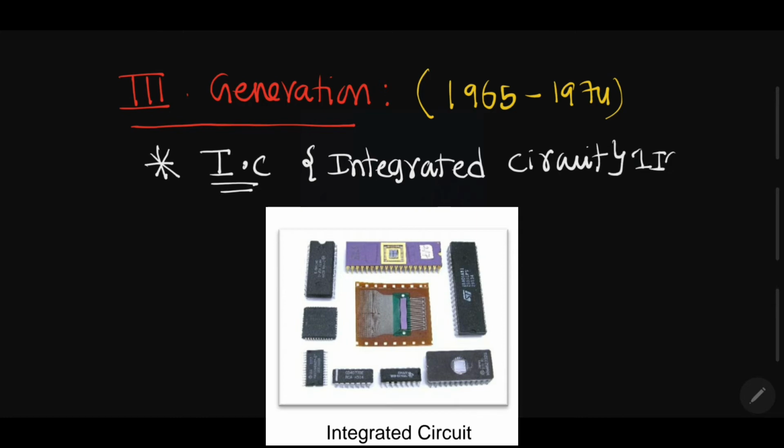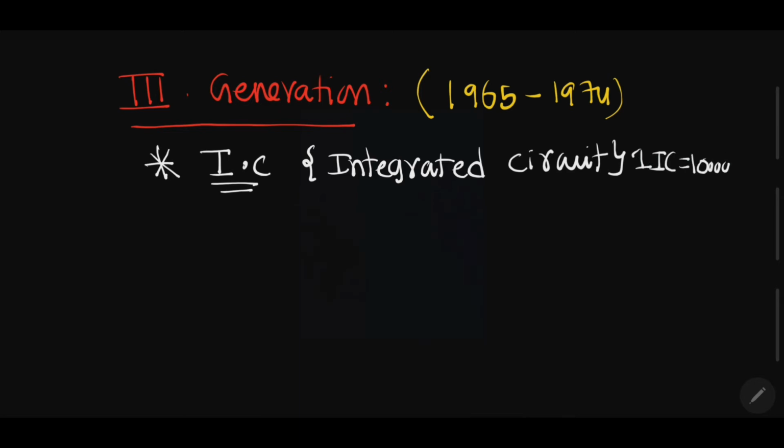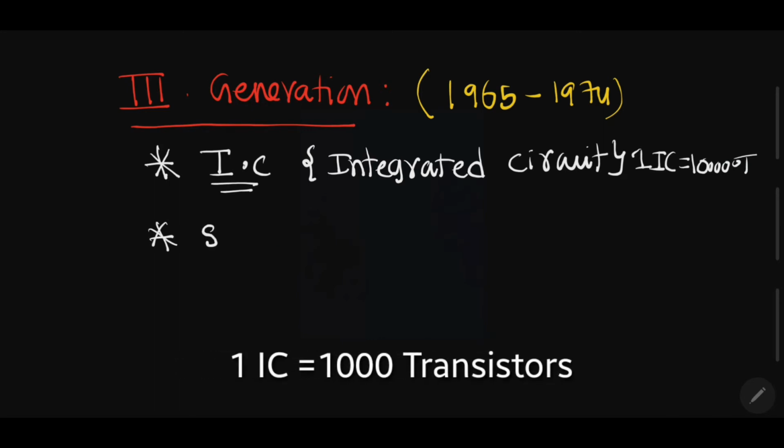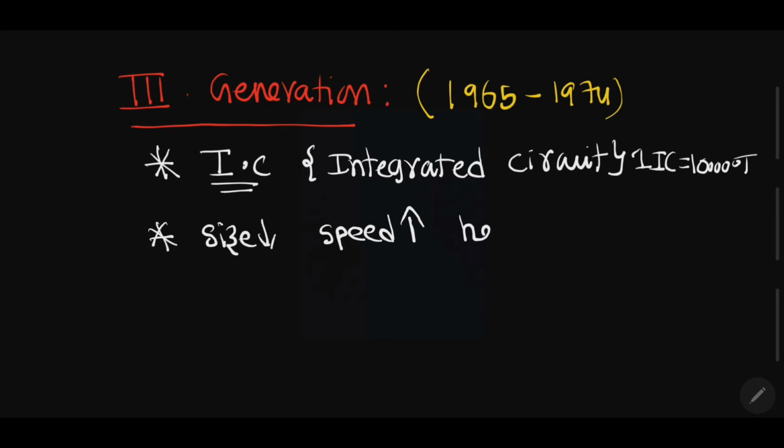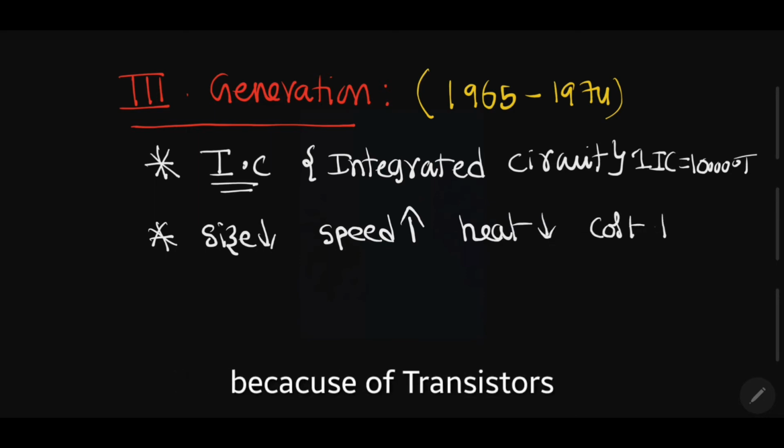That means one IC equals 10,000 transistors. Assume that the size is completely reduced, speed is increased, heat is reduced, cost is also reduced. So these are all factors because of ICs.